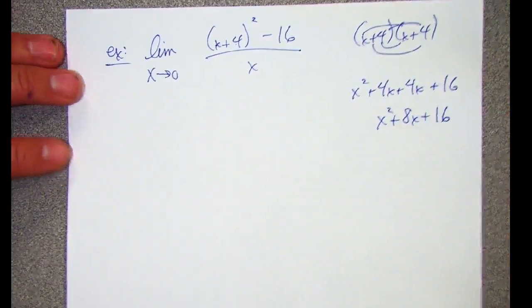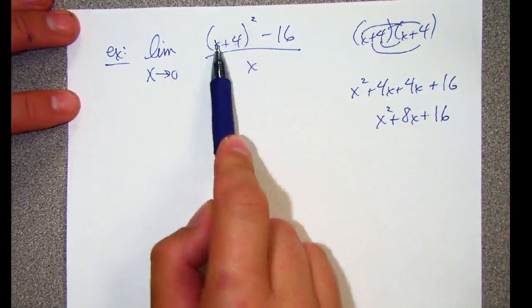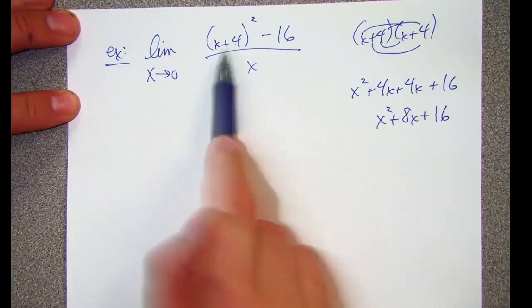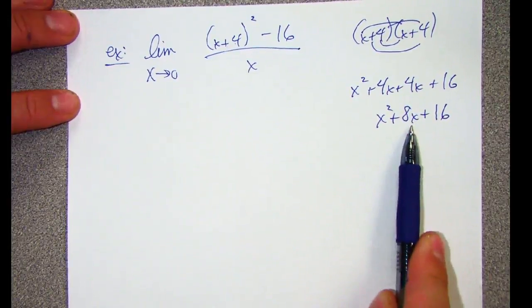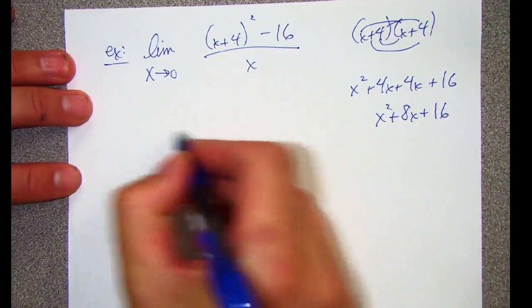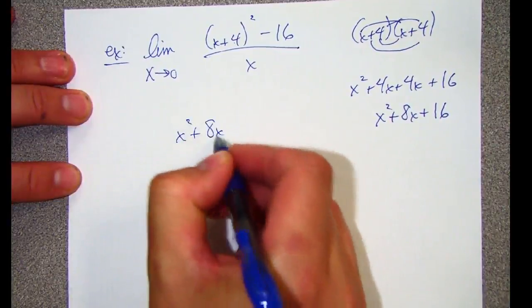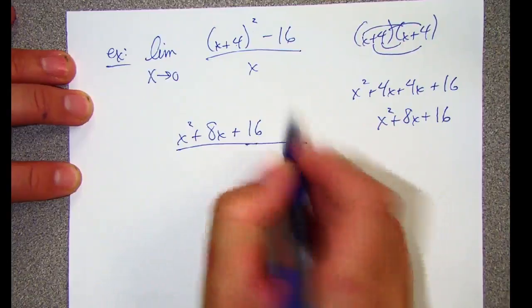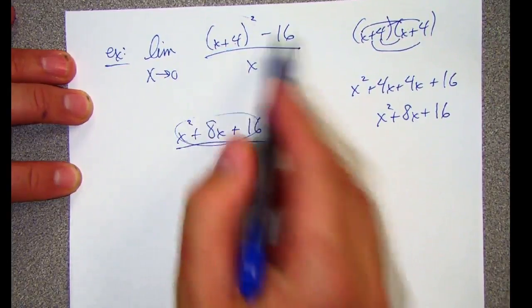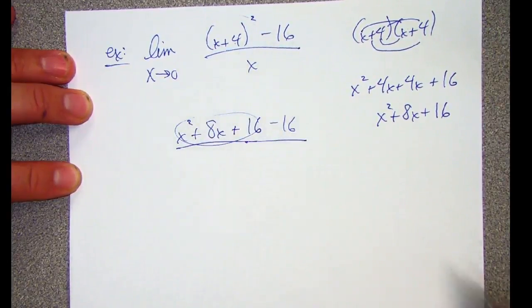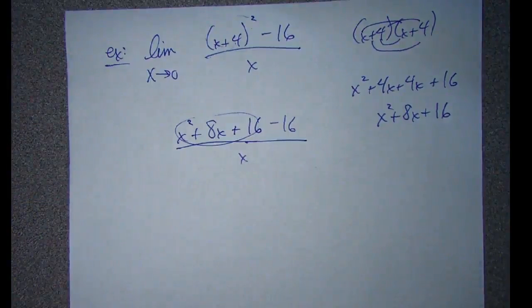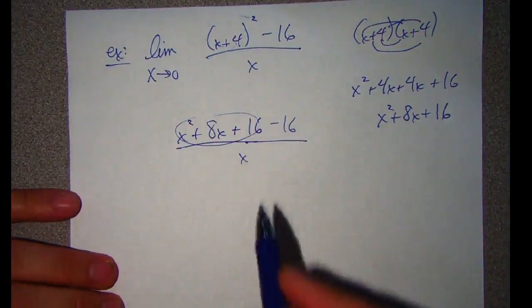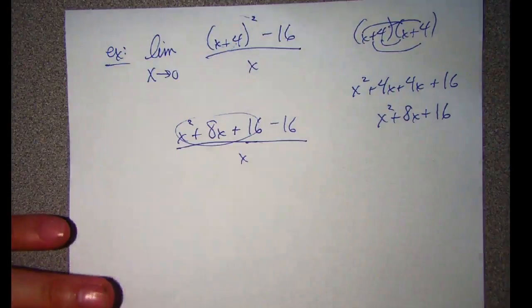A binomial squared is a trinomial. So don't tell me this is x squared plus 16, because you'd be forgetting that middle part there. All right, so it turns out to be x squared plus 8x, oops, plus 16. And then that's just this part. Then you got the minus 16 that's still there. And then you got the x on the bottom. So once I get to here, things start kind of magically going away.